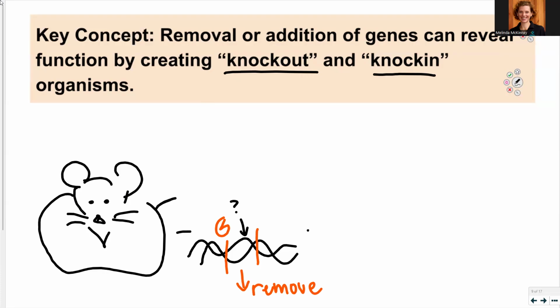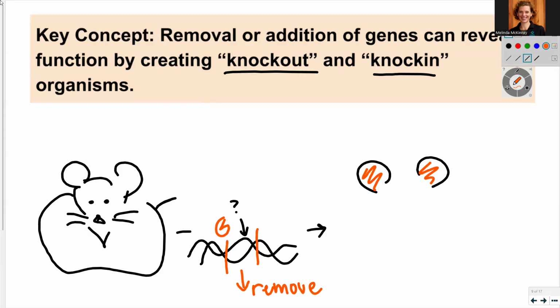And then you use that DNA to create mice, watch the mice grow. And then you notice that, okay, without that gene, maybe the mice change color, right? That would be a very simple one. But it lets you know what that gene actually does.